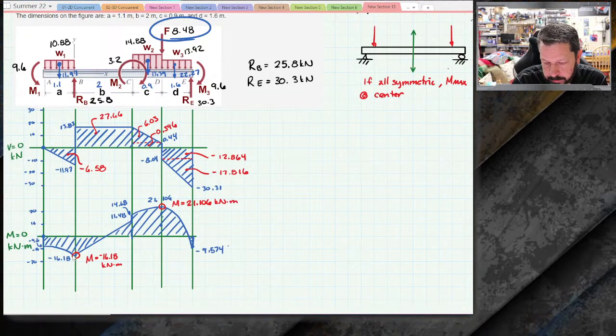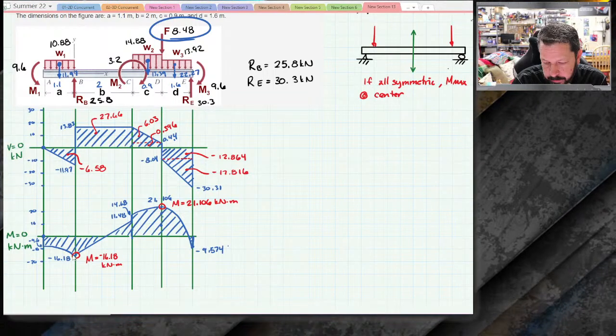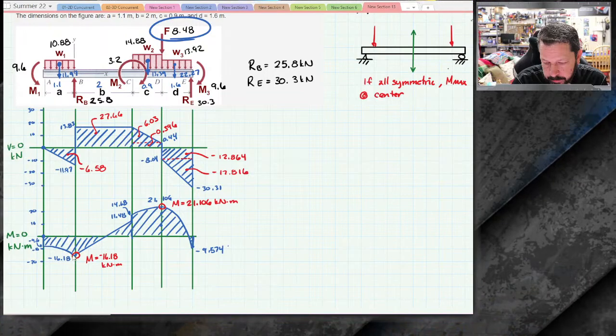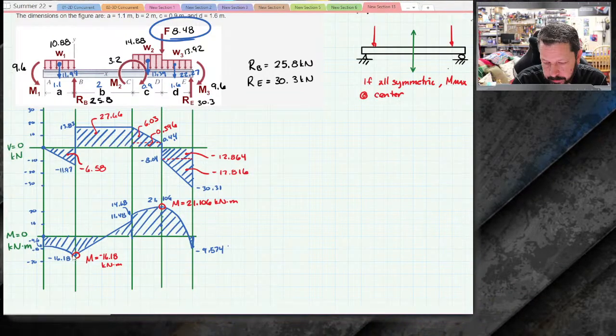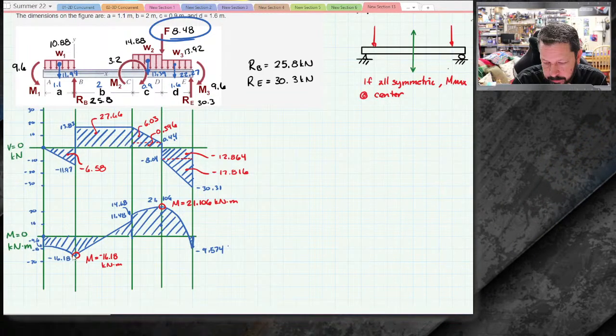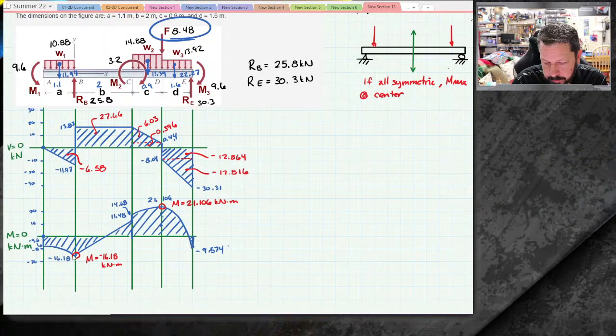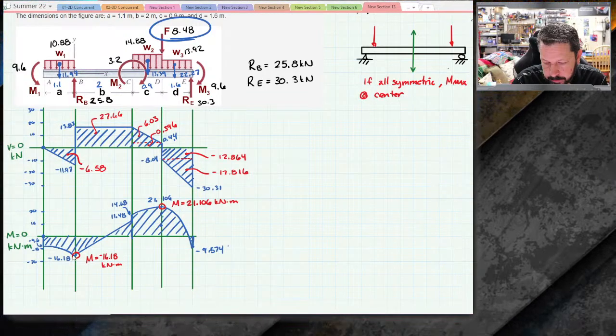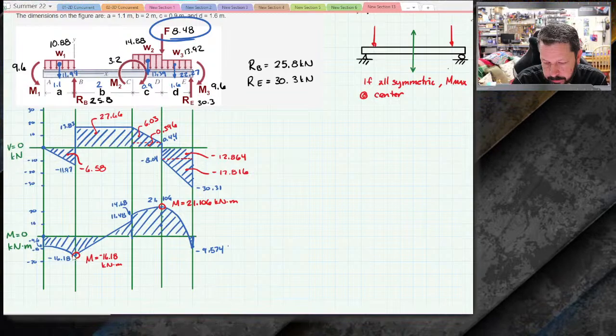Why I might want to keep track of both of them is that since one of these is negative and one is positive, that means that the beam is bending in opposite directions on those. So it might be, if I'm looking for a particular thing, like the maximum flexural stress or the maximum tensile stress, well, I meant compression or tension, not flexural. They're both flexural.